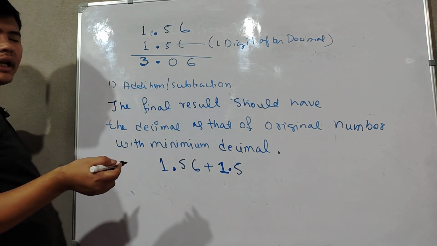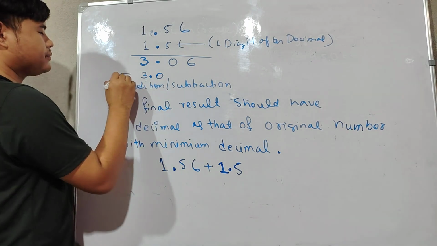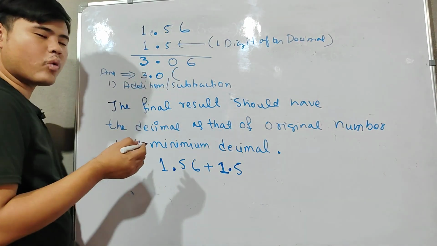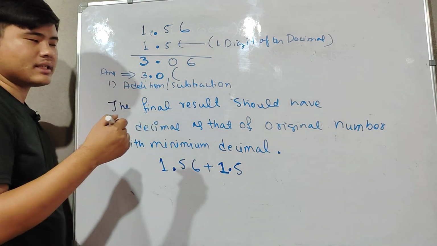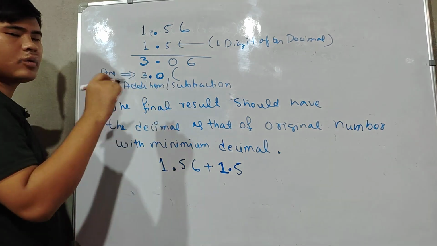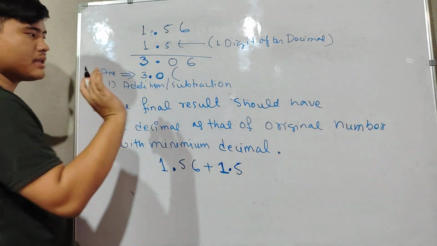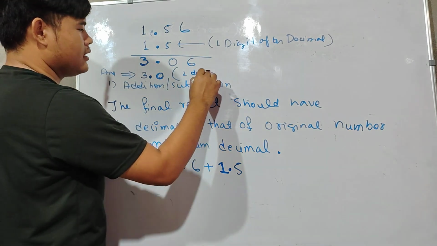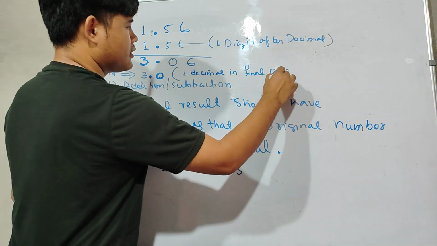Whatever the final result will be, after rounding up it should also have only one number after the decimal. So this is the final result: one decimal in the final result.